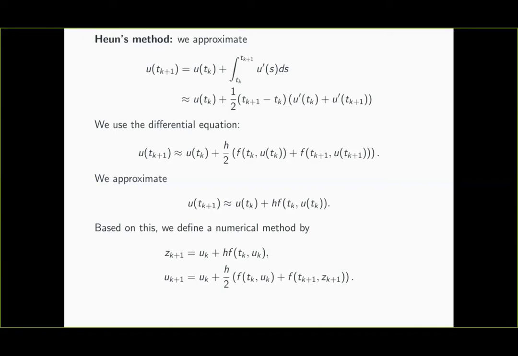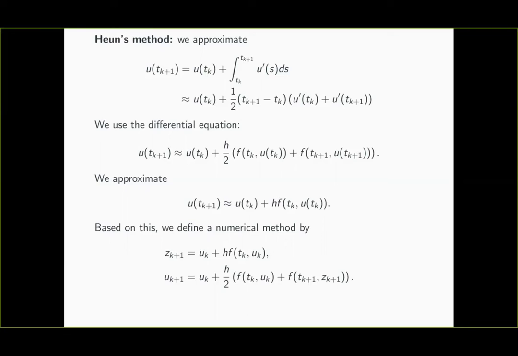We have u at time tk plus 1 equal u at time tk plus this integral of u prime over the time interval, and we approximate this integral then by the trapezoidal rule. Just as before, we substitute u prime using the differential equation. And so we have the approximation u at time tk plus 1 is roughly the same as u at time tk plus h over 2, and then multiplied by the sum f tk, u tk plus f tk plus 1, u tk plus 1, just as before.